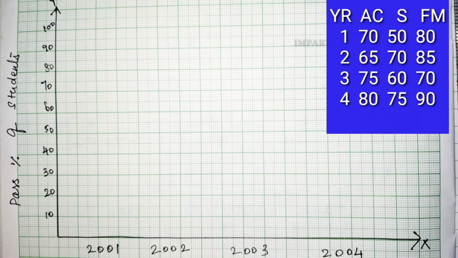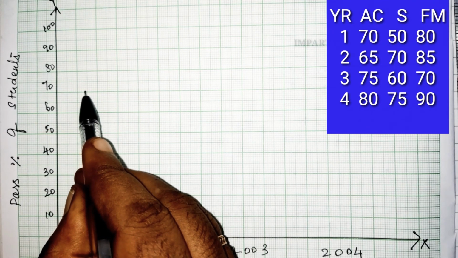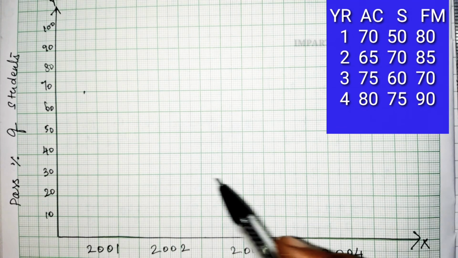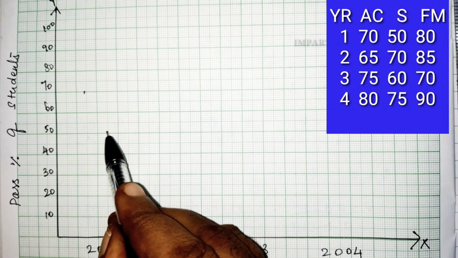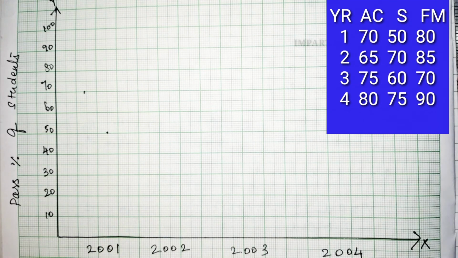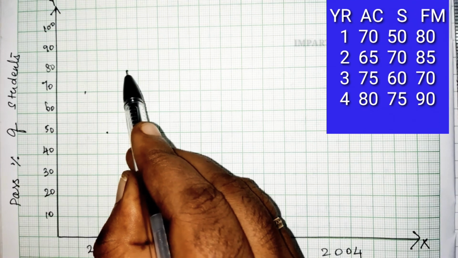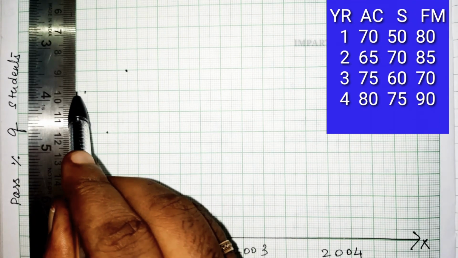For the year 2001, pass percentage for accountancy is 70. 70 is some point here. Pass percentage for statistics is 50. 50 is some point here. And finance management is 80. 80 is some point here. Draw a vertical bar.